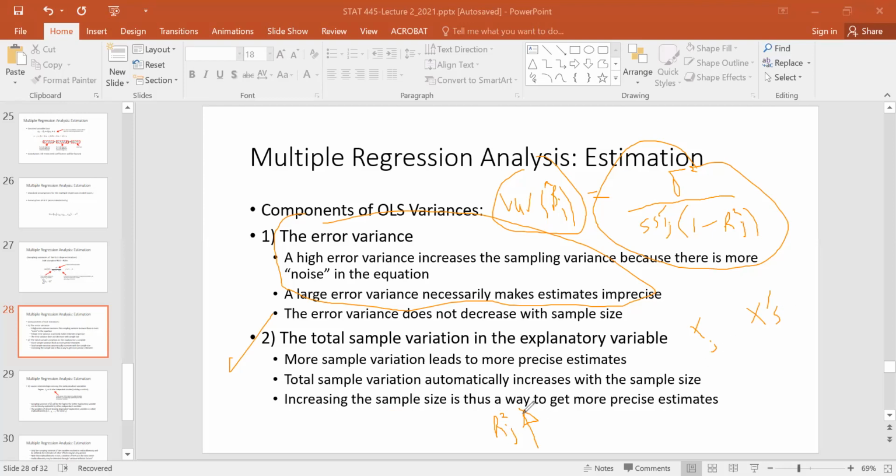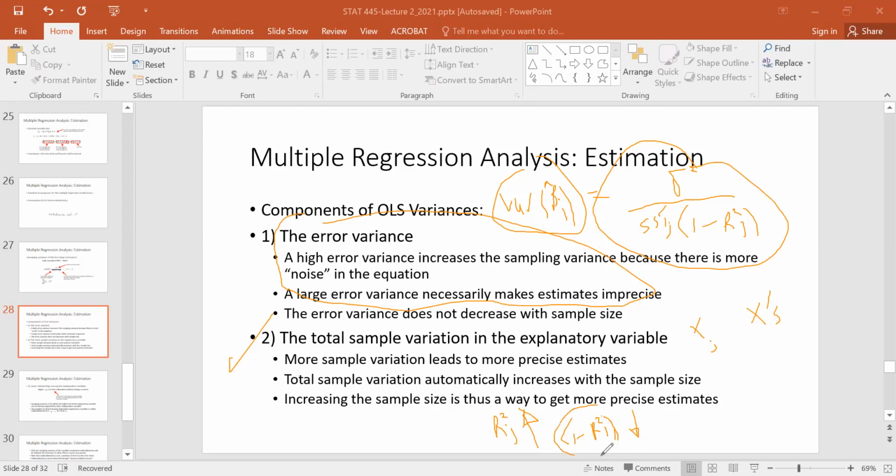Now, when it goes up, then 1 minus r squared j will go down, will become smaller, because you are subtracting a bigger number from 1. This is big. When this is big, it means it's also close to 1. So 1 minus a big number will fall relative to if r squared j were smaller.